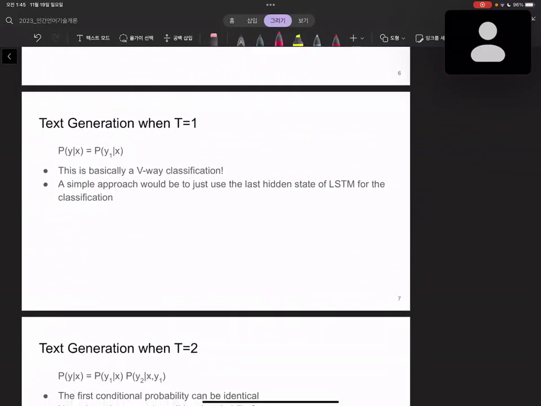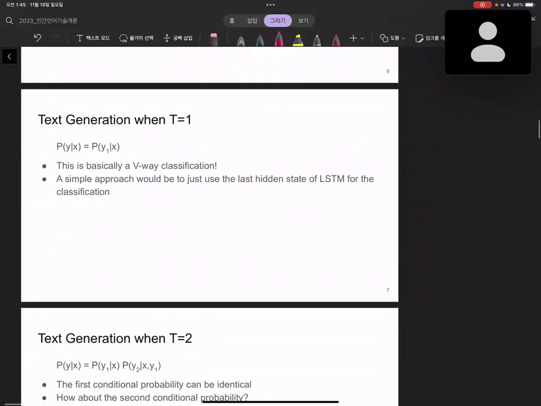So here, text generation when t equals 1. P of y1 given x, with the time step being the sequence length. And this is basically a classification.